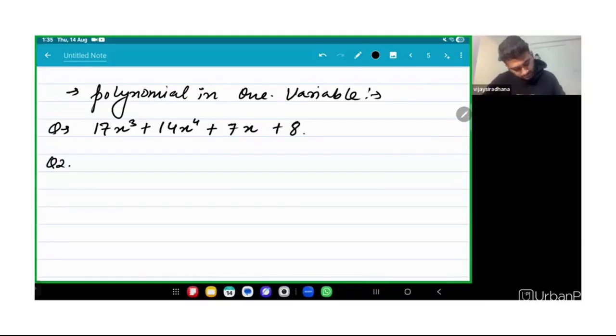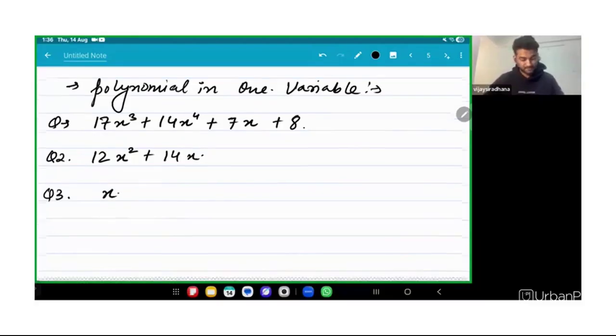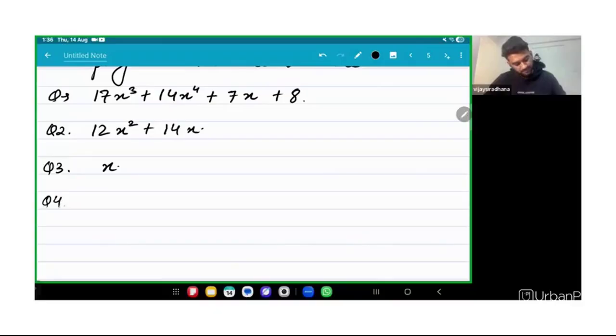Question number 2: 12x square plus 14x. Question number 3: x. Question number 4: 28x cube plus 18z square plus 14y plus 8. That's it.